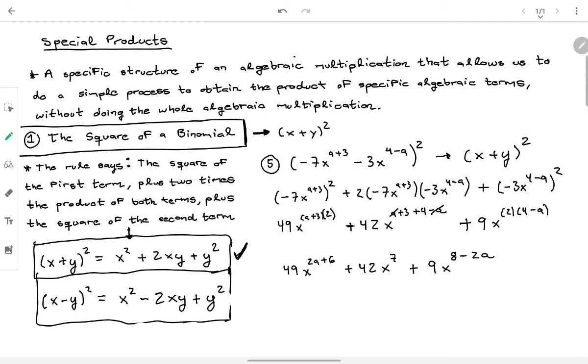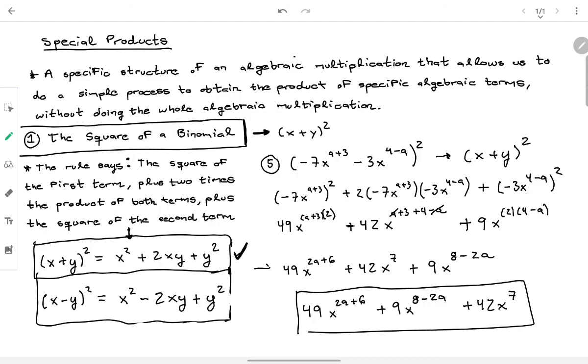Maybe if we want to order this specific answer, because the second one doesn't have letters, we can order it like 49x to the 2a plus 6, plus 9x to the 8 minus 2a, plus 42x to the 7th power. But using only the specific rule of the square of a binomial, we will get this specific answer. So now you can do the activity of the square of a binomial.